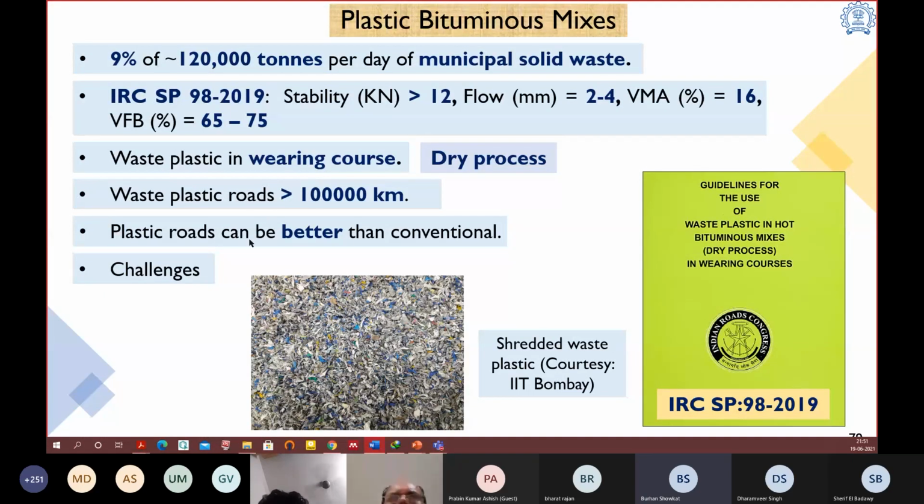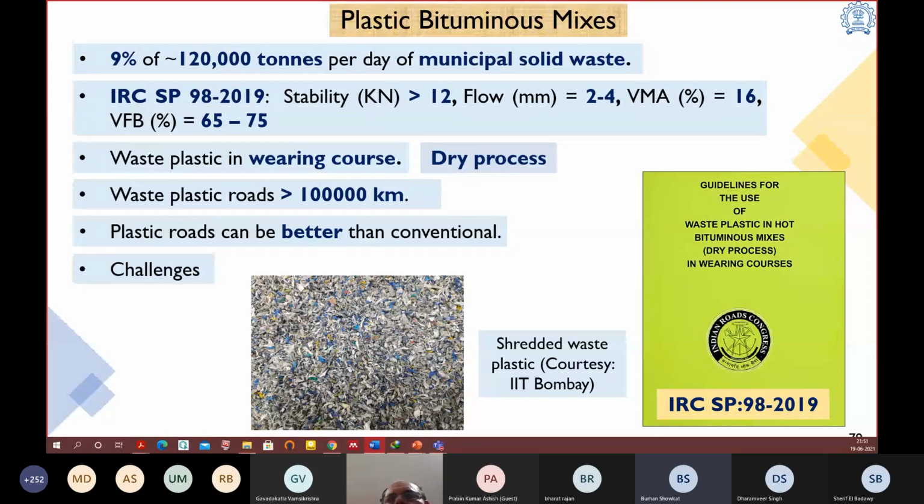However, the challenges for plastic bituminous mixes can be with regard to storage stability, unusually high mixing and compaction temperatures, the provision of adequate reaction time, and also the cost.